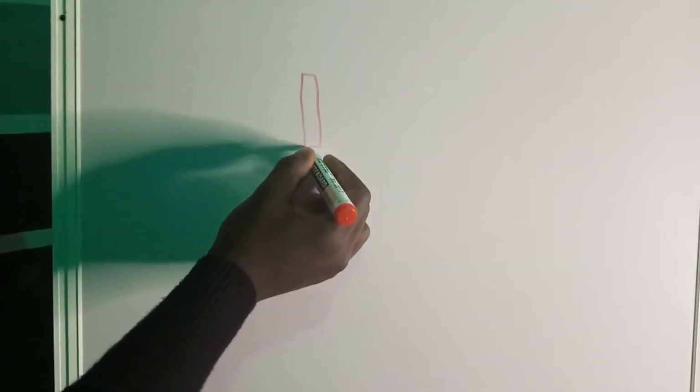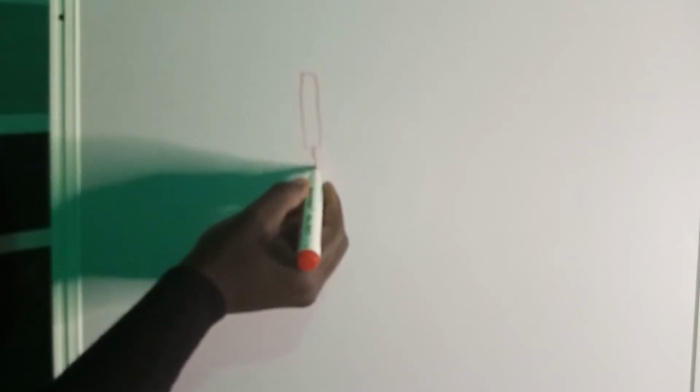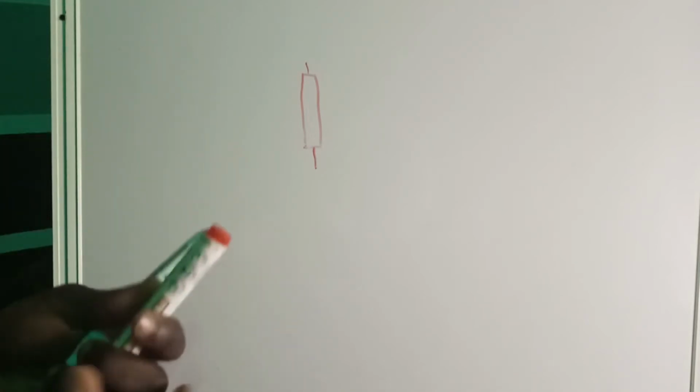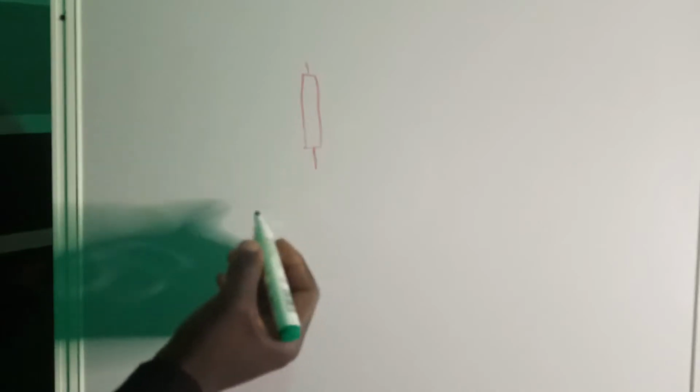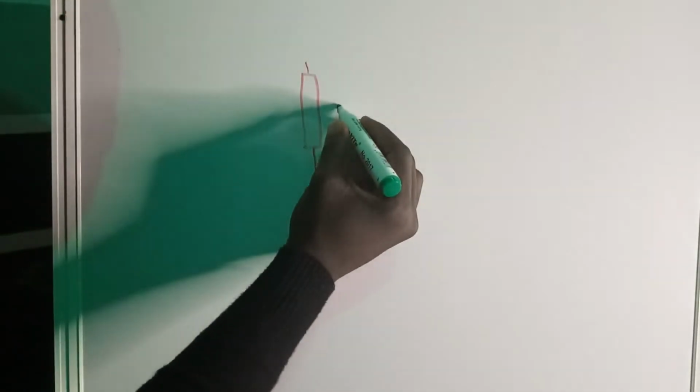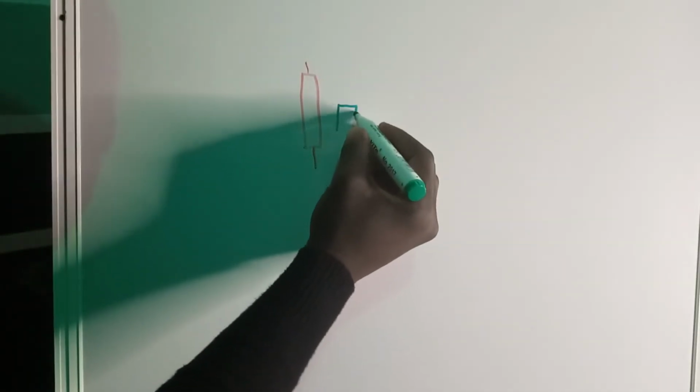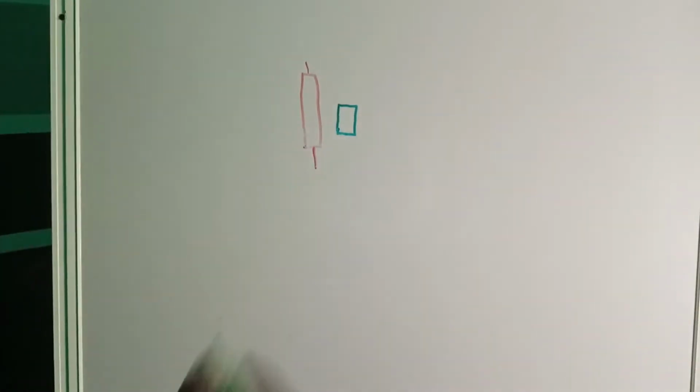This is how a candlestick is, you have the wick. Now for a bearish harami pattern to be legit, the next candlestick to form will be small and it will fit within the body of the previous candlestick.